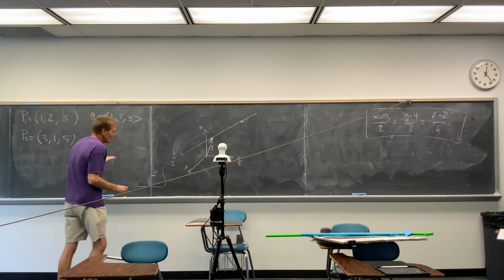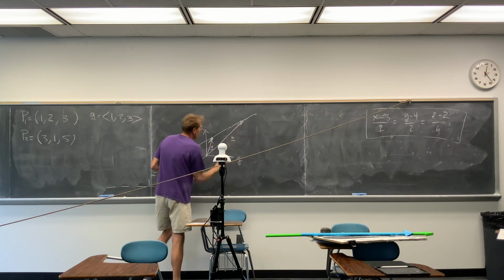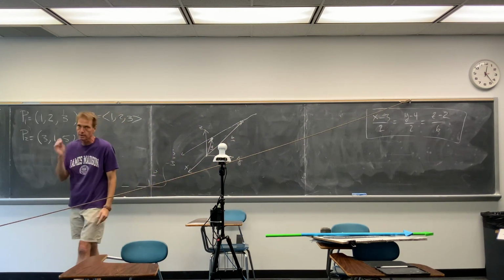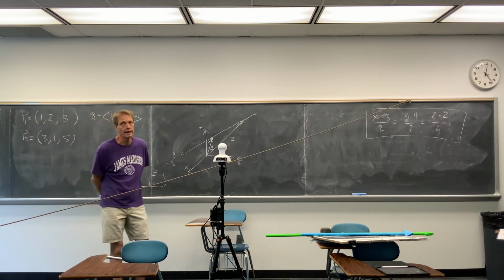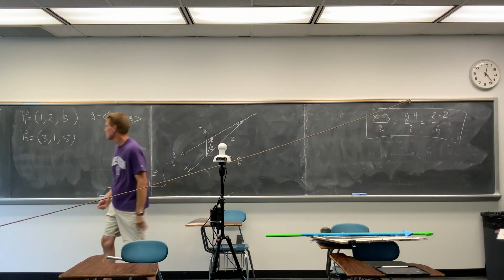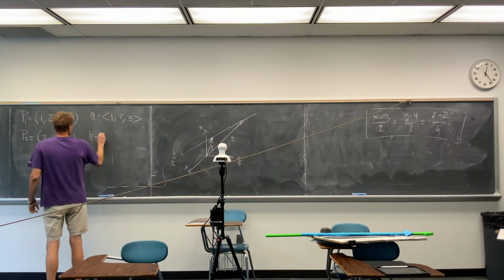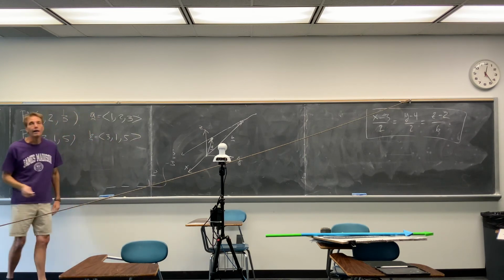Okay. There's this other one that we could use too. I'll call it B so it doesn't get confused with A, and you should probably do the same. That could also be a position vector. So like B could be the vector 3, 1, 5.